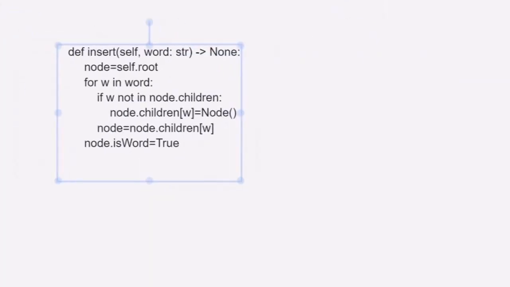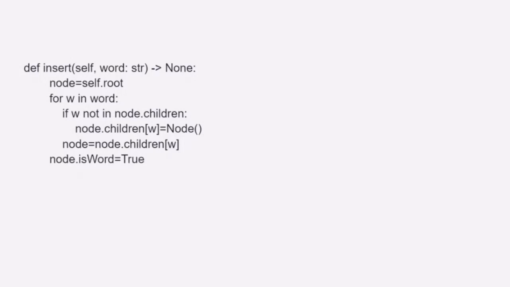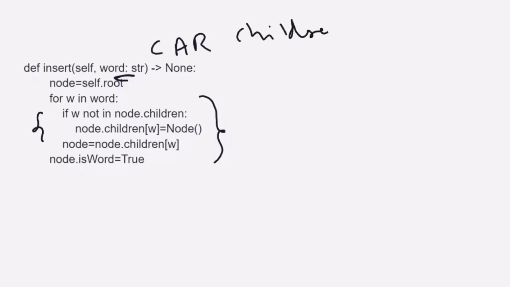Let's move on and see how we will insert. Whenever we are inserting, we have a loop. As you can see here, we are provided with the word. Suppose we have to include the word car. For each character W in word, we'll basically check if W does not exist in node.children. So we have this map of children for each node.